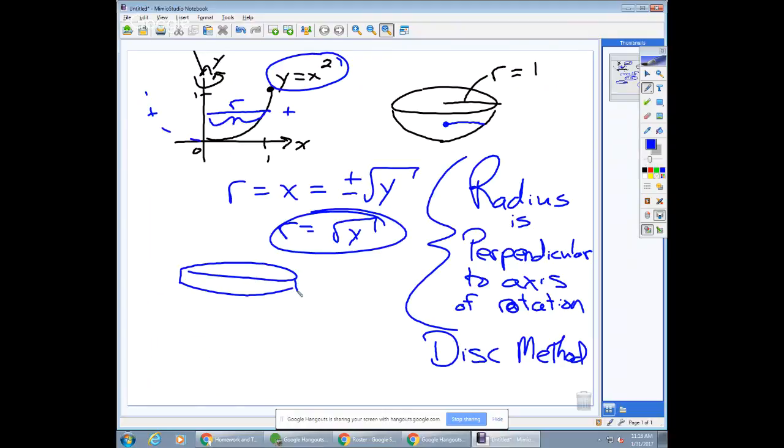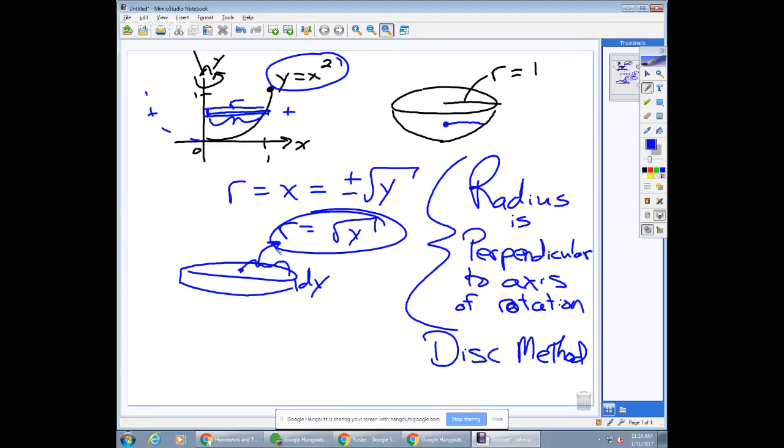Okay, so up here, I have a little chunk of area that my radius is related to. That area gets rotated to give me this disk here. This width of the disk up there, that's on the y-axis, so it's dy. Okay. And then my radius I've already established right there.